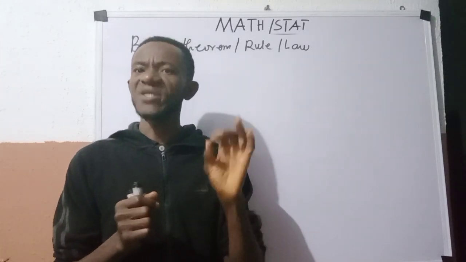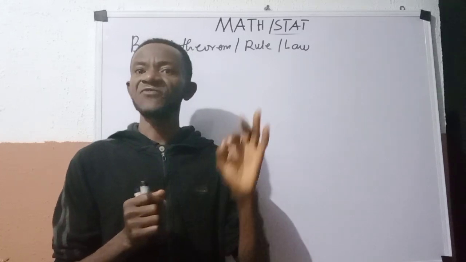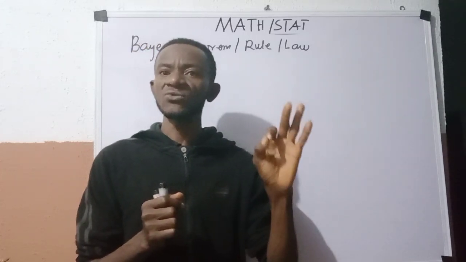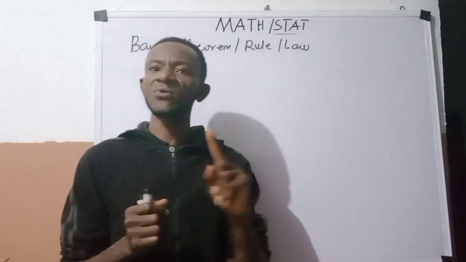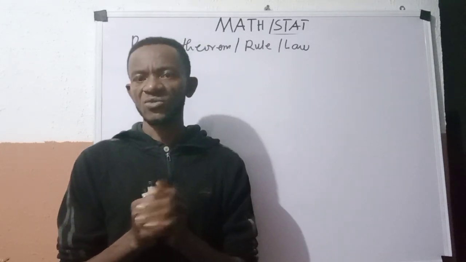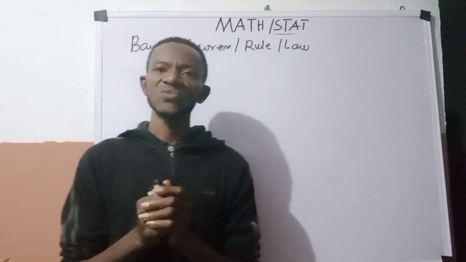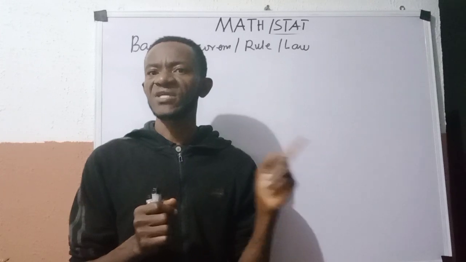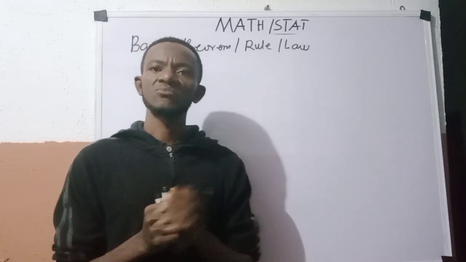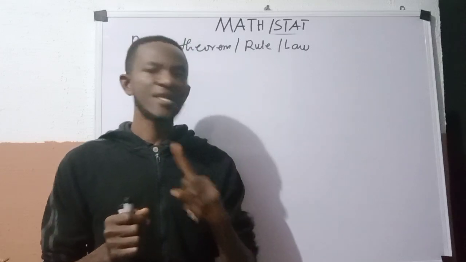And two, when there are n events, ranging from A1, A2, A3, down to AN, in the sample space. But one thing must be borne in mind, that these events on the sample space are one, mutually exclusive, and two, mutually exhaustive.